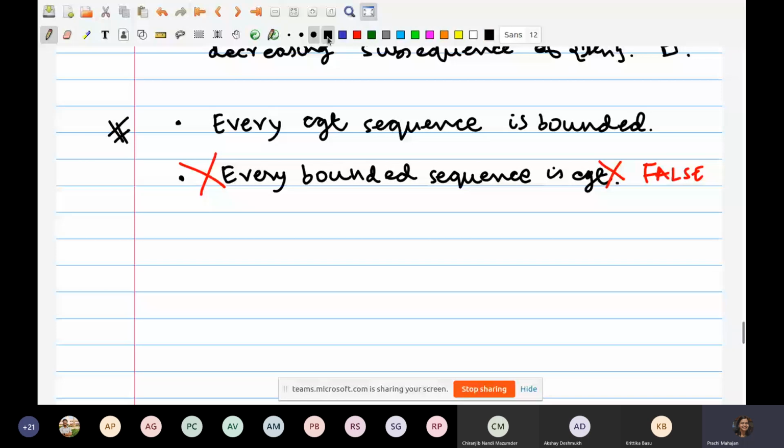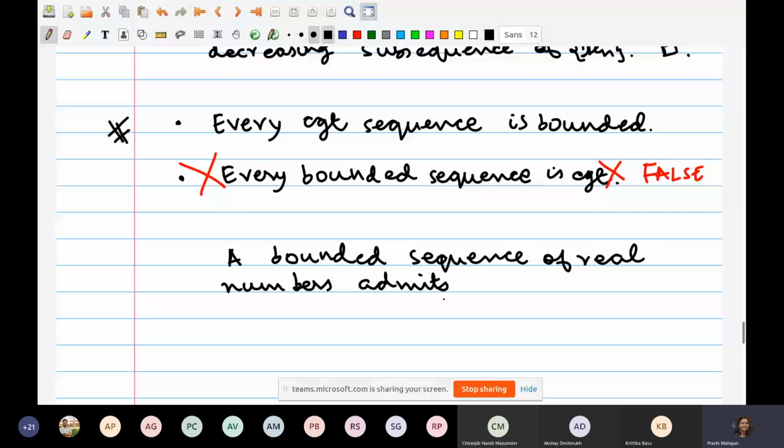So we cannot expect a statement saying that a bounded sequence of real numbers is convergent. The next best statement would be to show that a bounded sequence of real numbers admits a convergent subsequence.